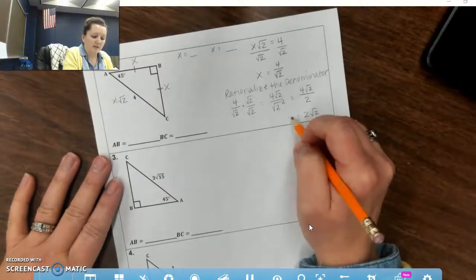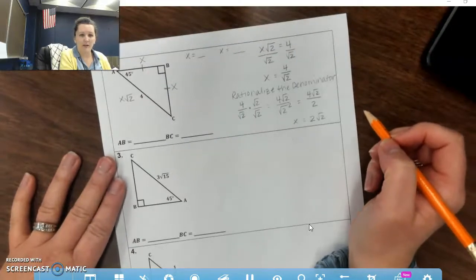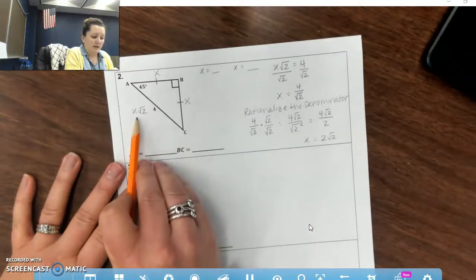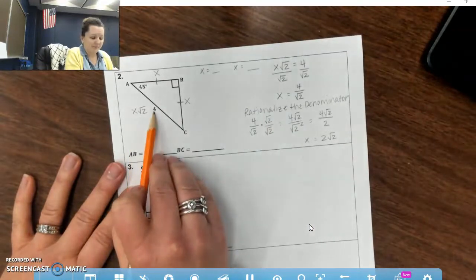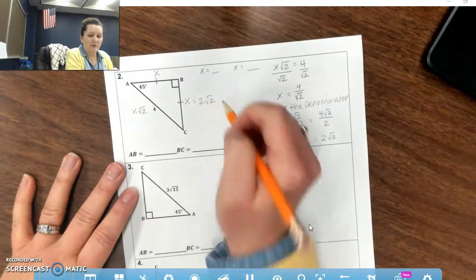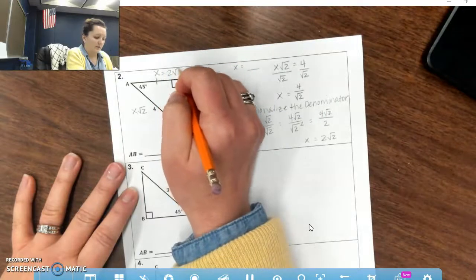So this is my x value. I know that was long drawn out, but I'm going to show you the pattern, right? If this is 4, my x value, we've solved, is 2 root 2. X is 2 root 2.